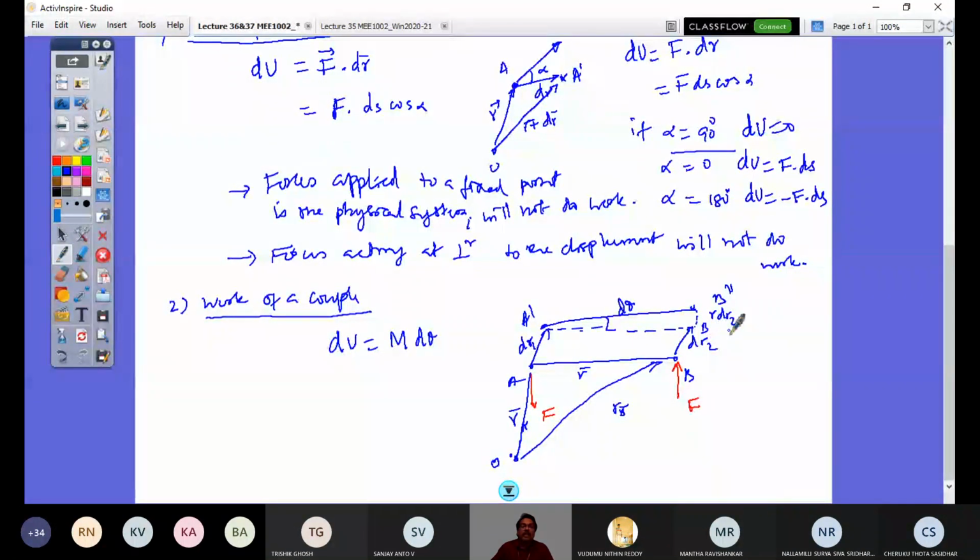So I can rewrite this equation, dU, as F into dr2. Sorry, this is not R dr2, this is dr2, and dr2 is R d theta.